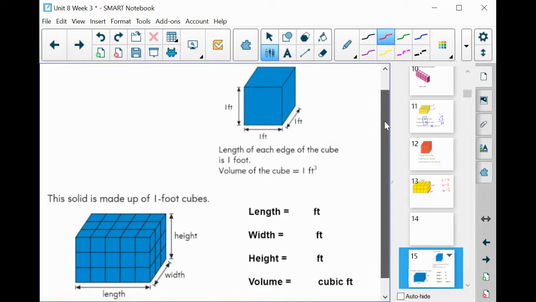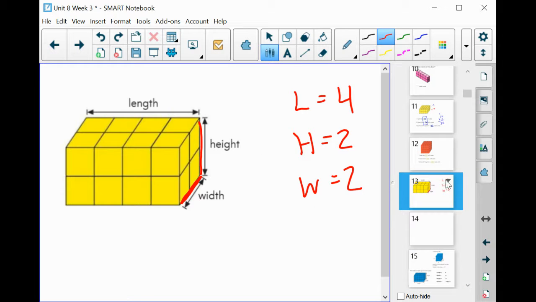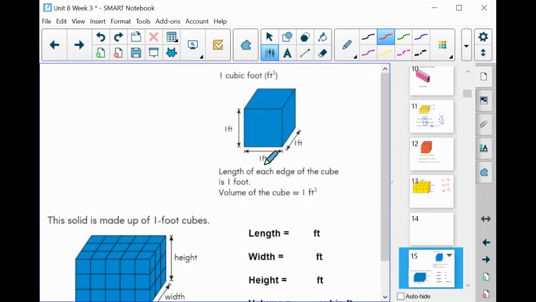Our goal today is to develop a formula to find the volume of solids, which we may or may not get to today. That is okay. This solid is made up of 1-foot cubes. So before this, we're just talking about cubic units. Now we're actually going to say that our cube has a side length of 1 foot and 1 foot and 1 foot. Okay, so that's actually a really big cube.